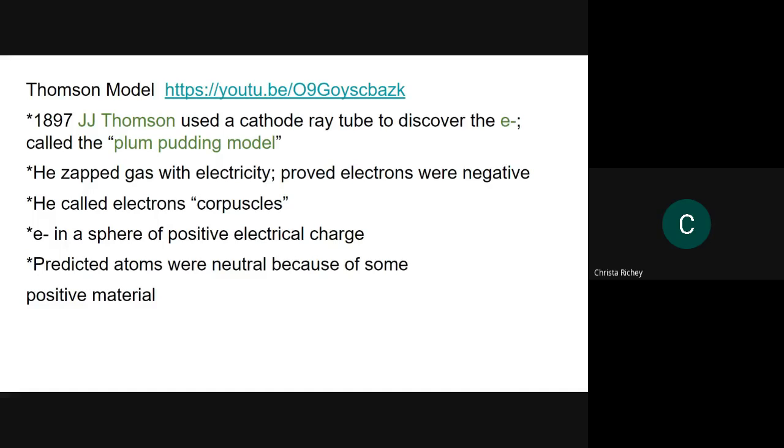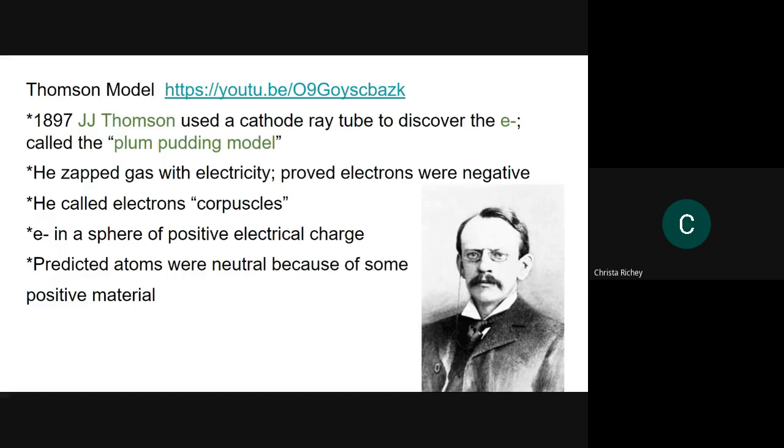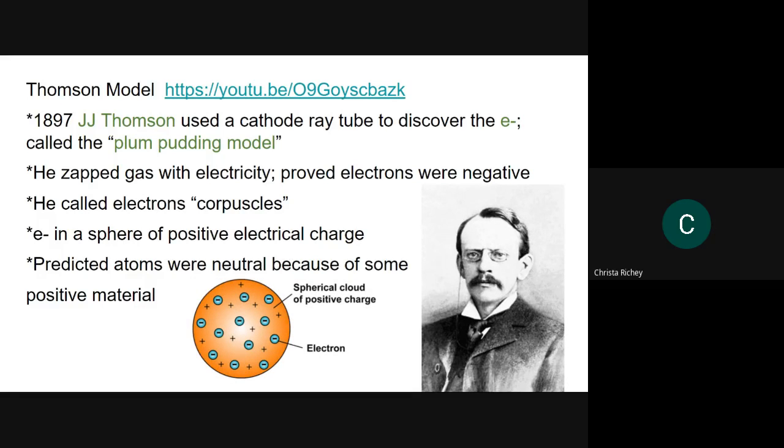Now, he called his model the plum pudding model. This is J.J. Thomson, and this is a representation of his model. It was called the plum pudding model because in England, it's sort of like banana pudding, but it tasted disgusting. So we take plums and suspend them in this custard, which had no flavor whatsoever.